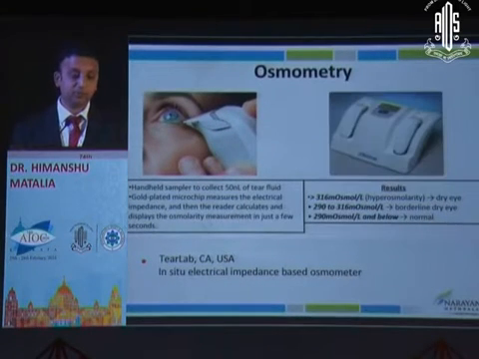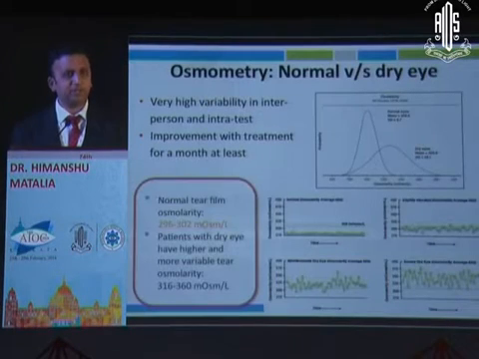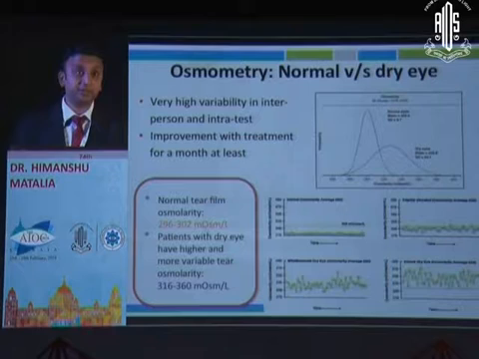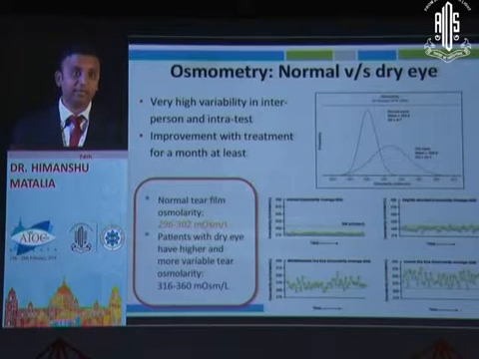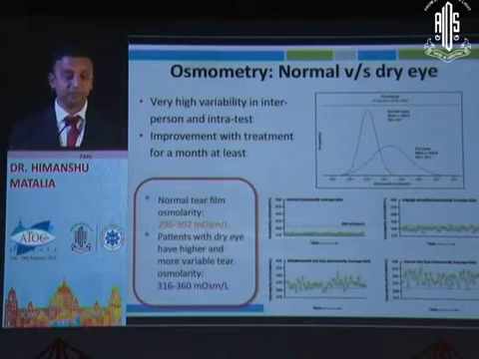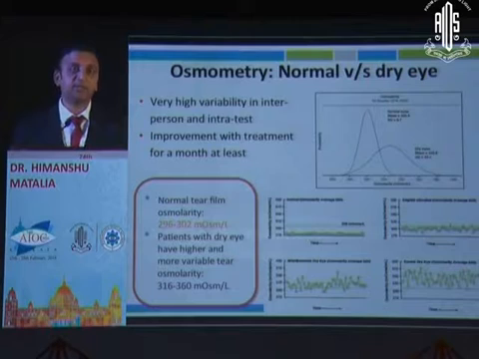Clinically, there are instruments like osmometry where we can detect the osmolarity changes on the surface. Fortunately, it's a very simple test and should be done first in the OPD before doing anything else. However, it has its own problem, as it has significant test-retest variability.